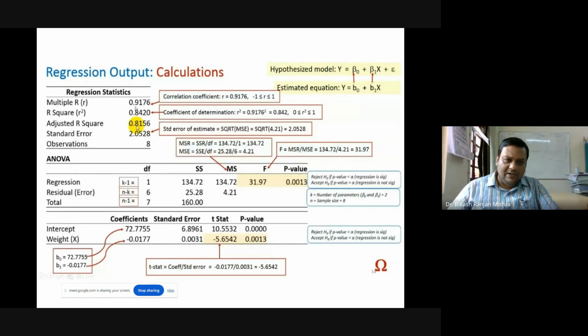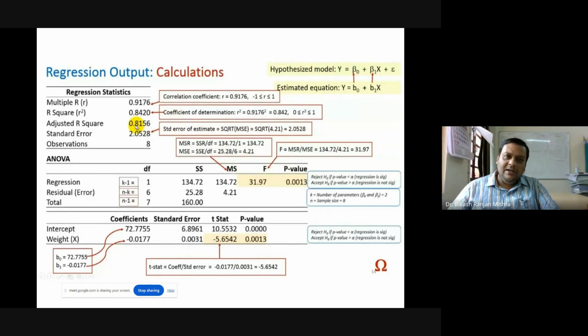Now, multiple R is not R square. This is the correlation coefficient. If you square 0.91 or 0.92, it comes to about 0.84. So this is the correlation coefficient between the two variables. If you square it, you get 0.84, and if you deflate 0.84 by the degrees of freedom, you get the adjusted R square.